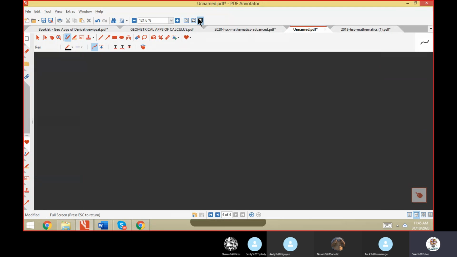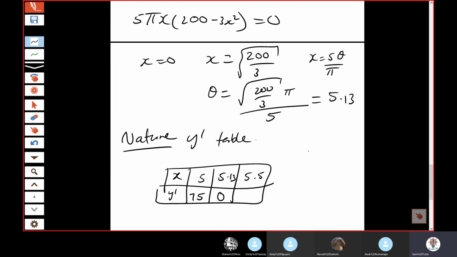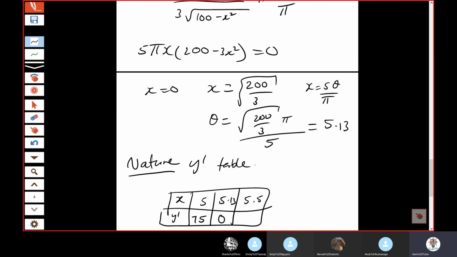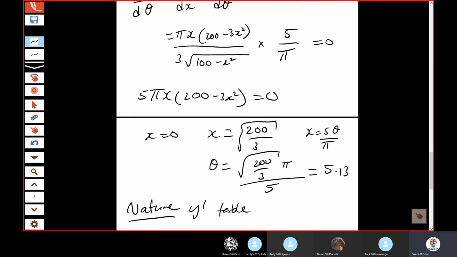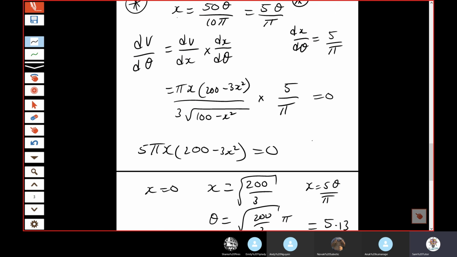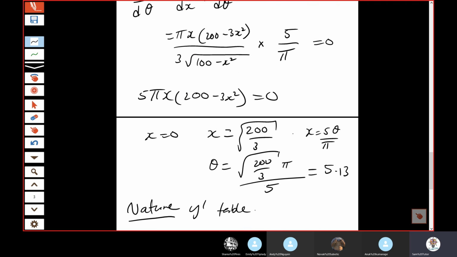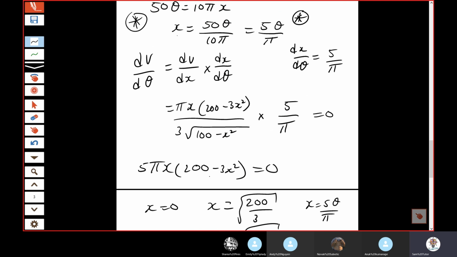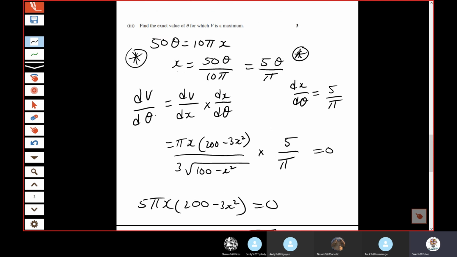Something weird. Let me think. I realize what I've just done. X equals, yes. And I've got my theta relationship, yes. I should have finished it off for x, but why? Why? I'm doing dv on d theta.